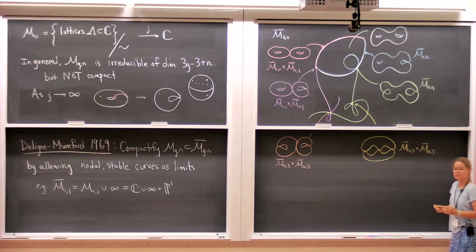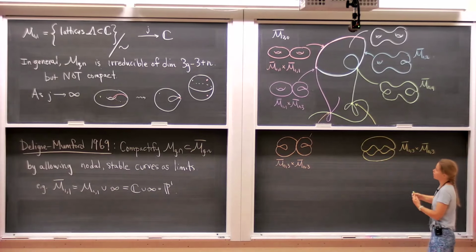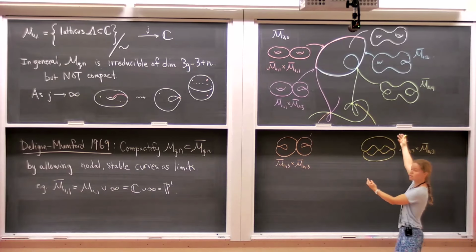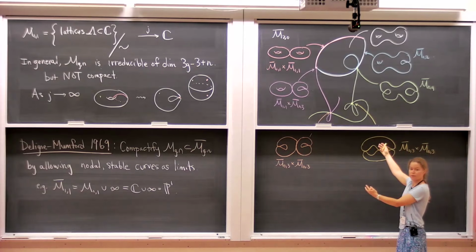So now I hope you start to see the motivation for these marked points. They're exactly what allow us to glue up our curves in order to get the singular curves that arise in the boundary of this moduli space.